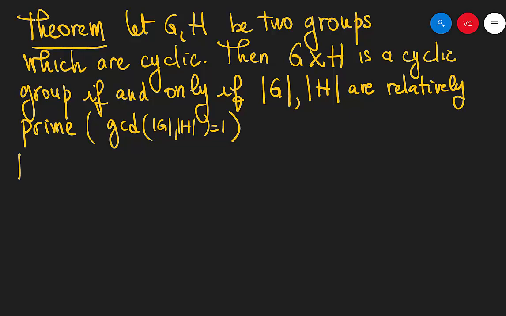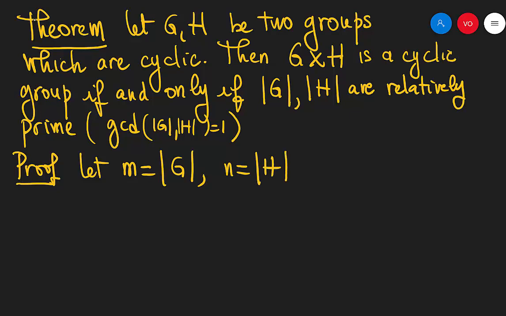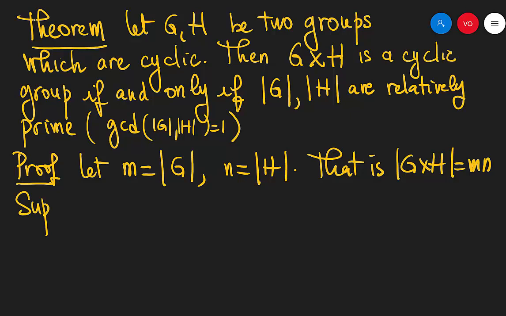So let M be the order of G and let N be the order of H. That is, the order of this element must be M times N. And suppose that this is cyclic.